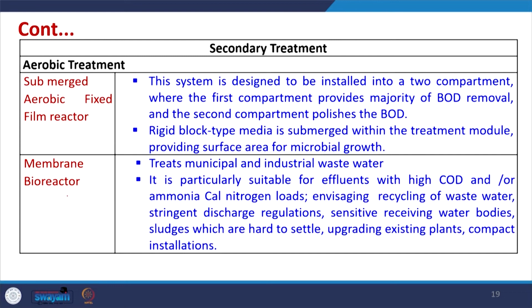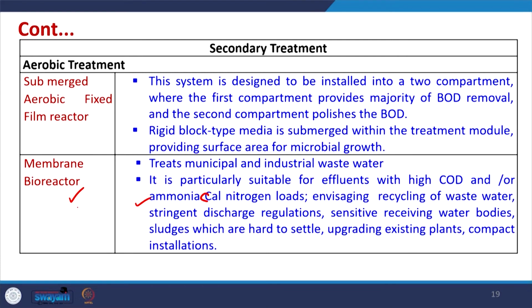Then we have membrane bioreactors also, they are being used to treat municipal as well as industrial wastewaters. It is particularly suitable for effluents with high COD or high ammoniacal nitrogen loads and they can be used for recycling of wastewater, meeting the stringent discharge regulations that may be there.